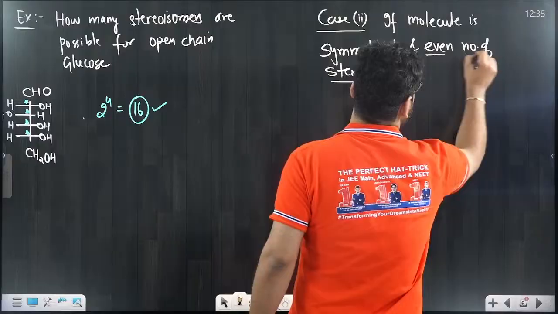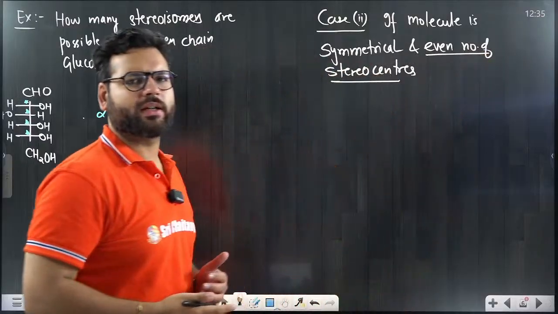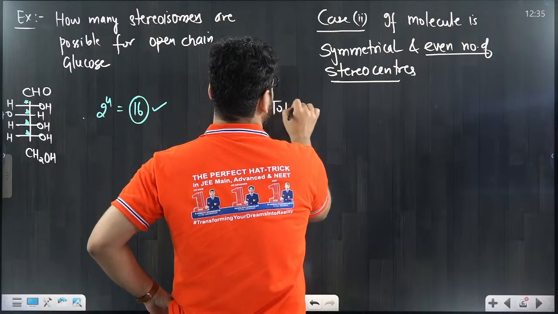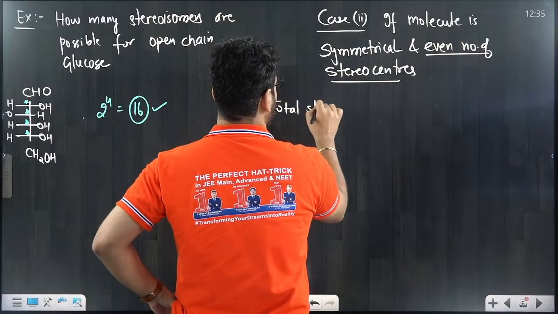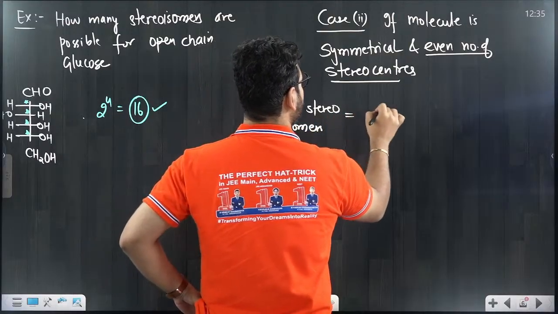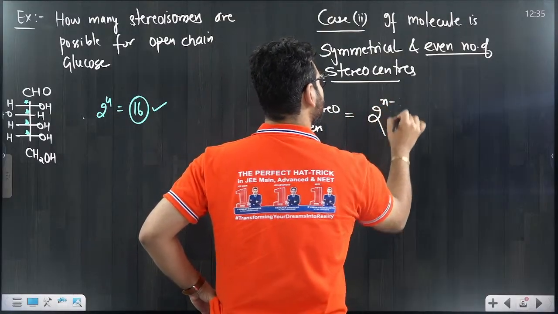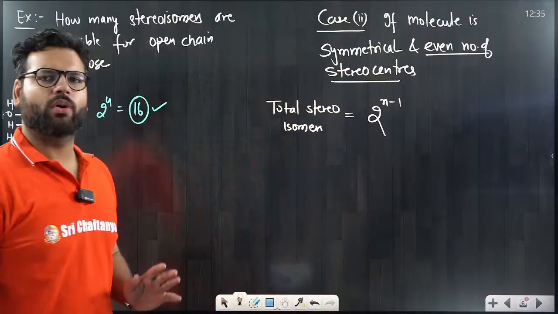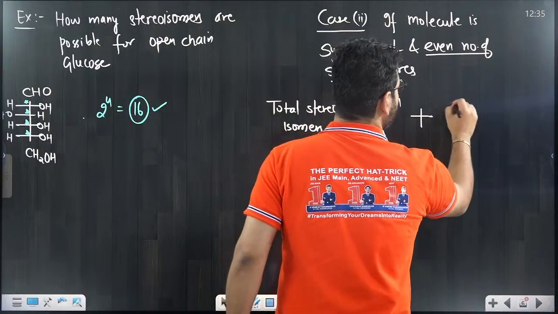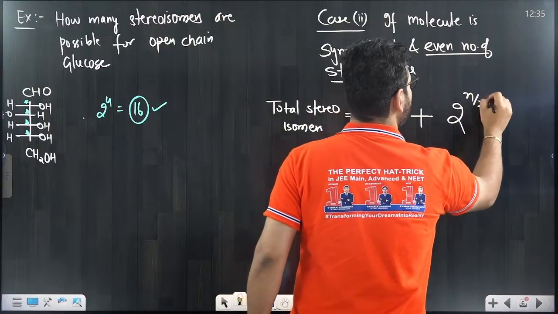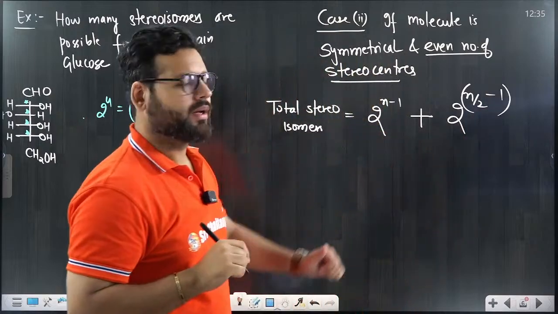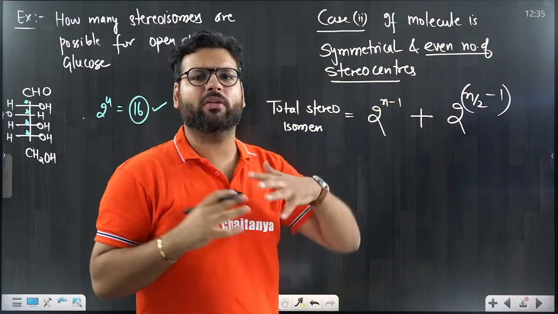Symmetrical with an even number of stereocenters means 2 stereocenters are there or 4 are there. Then apply the formula for total stereoisomers: 2 to the power n minus 1 will be optically active, plus 2 to the power n by 2 minus 1 will be optically inactive. Means they will be meso compounds because the molecule is symmetrical.